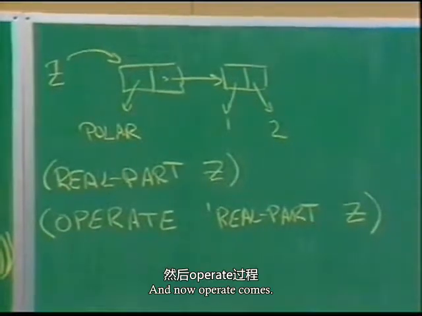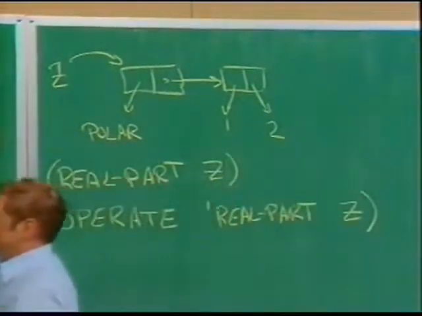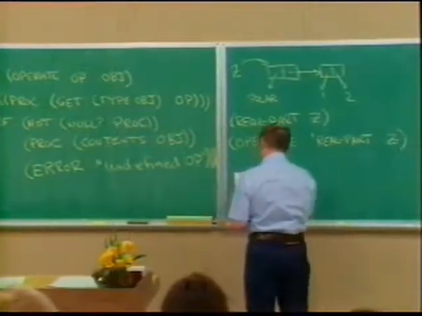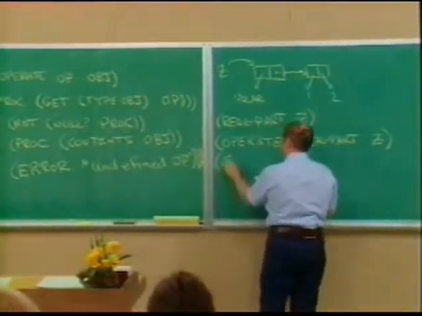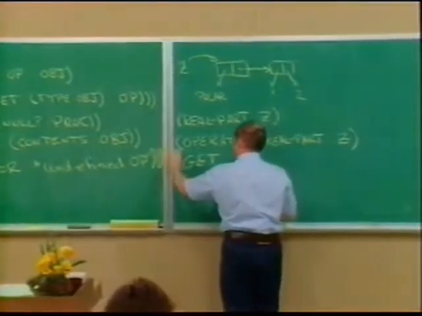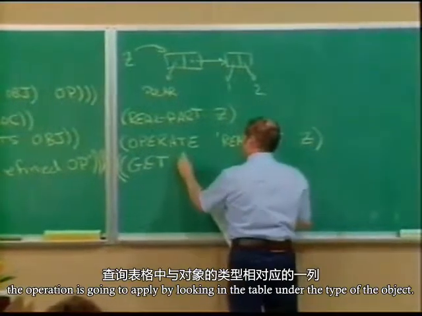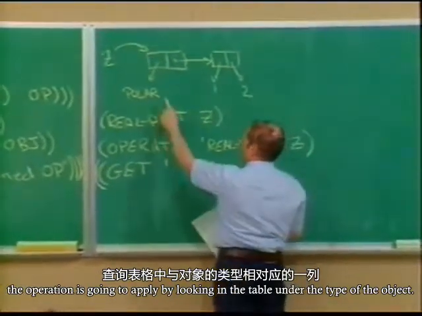And now operate comes, and it's going to look in the table and try to find something stored under the operation it's going to apply, by looking in the table under the type of the object.